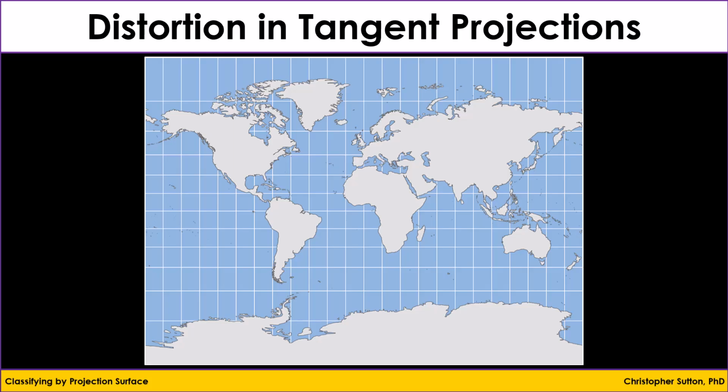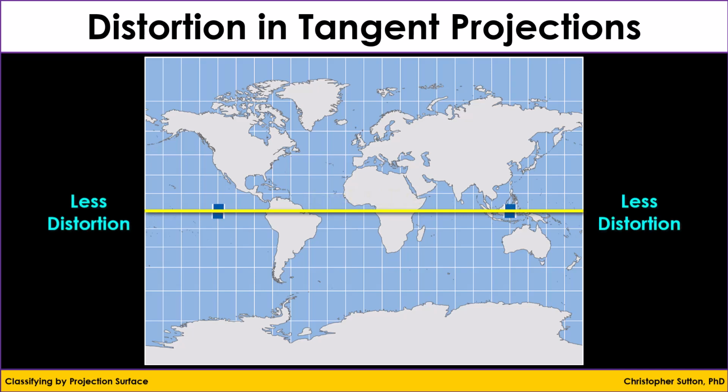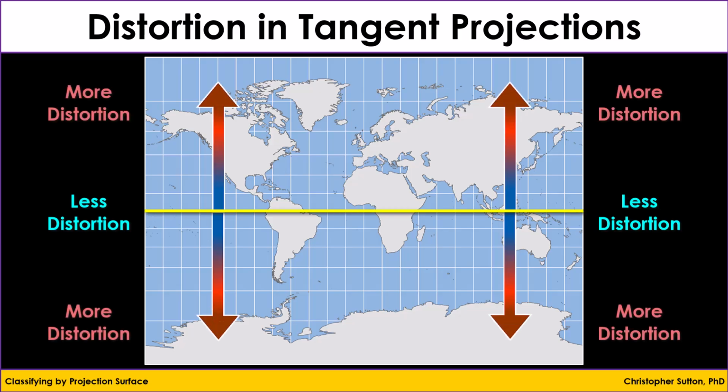In this cylindrical projection, the developable surface is wrapped around the reference globe and is tangent at the equator. The equator is the projection's standard line. Thus, distortion is zero along the equator, and it increases with distance from the line of contact.